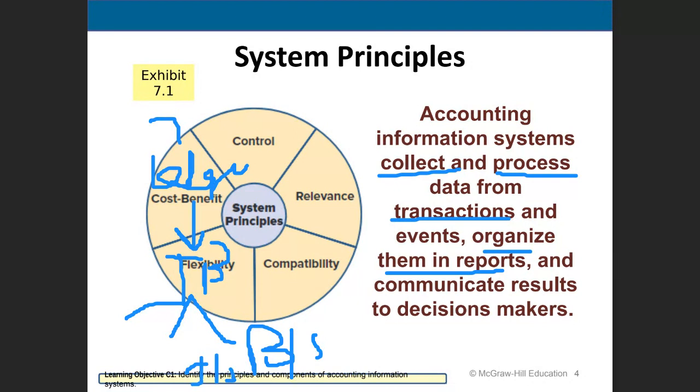It will automatically do this process. This is what an accounting information system is about. It collects and processes data from transactions, and then organizes them in reports, and communicates the results to decision makers.